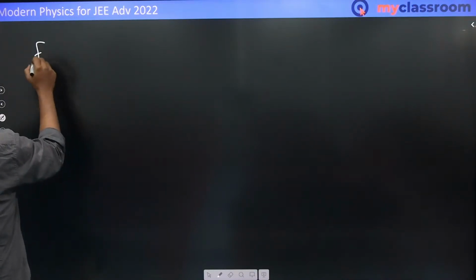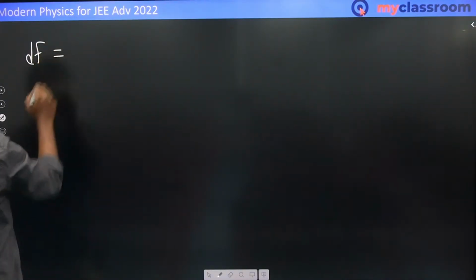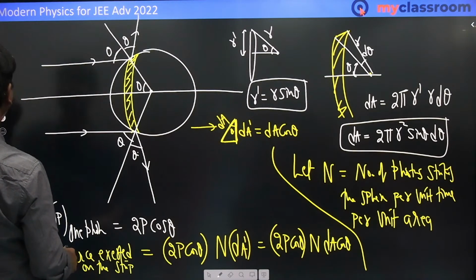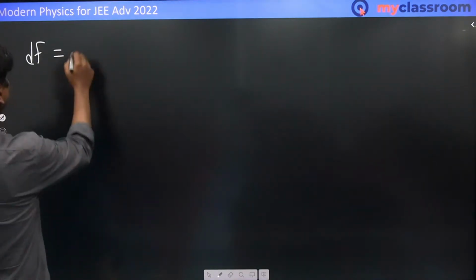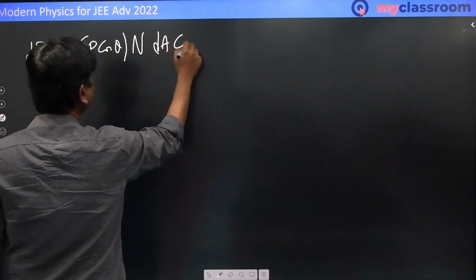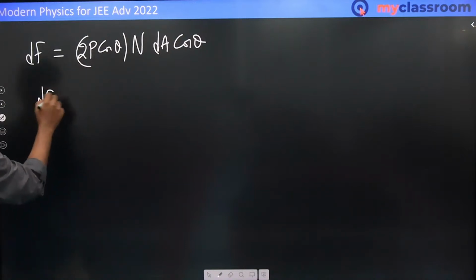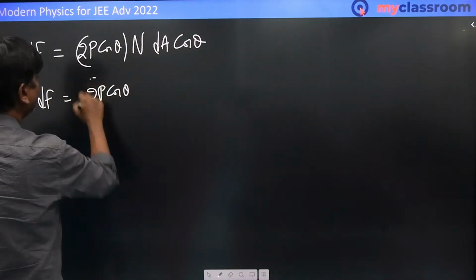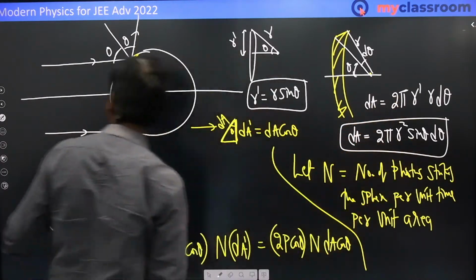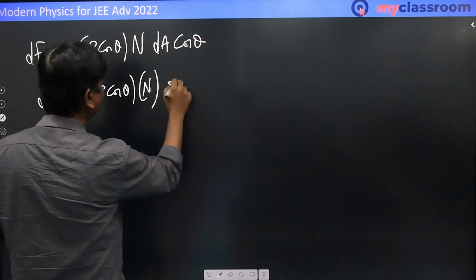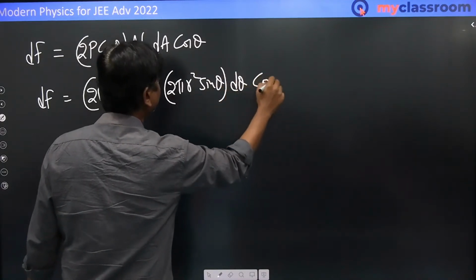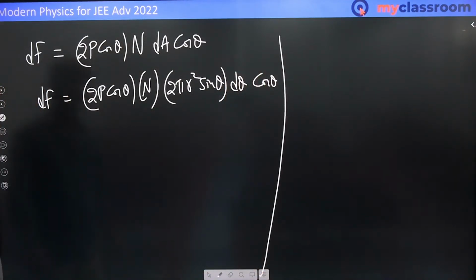That is the force acting on that strip, so write dF. dF equals 2p cos theta into n into dA dash, which is dA cos theta, and substituting for dA, dA is equal to 2 pi r square sin theta d theta, times cos theta. So that is the dF.